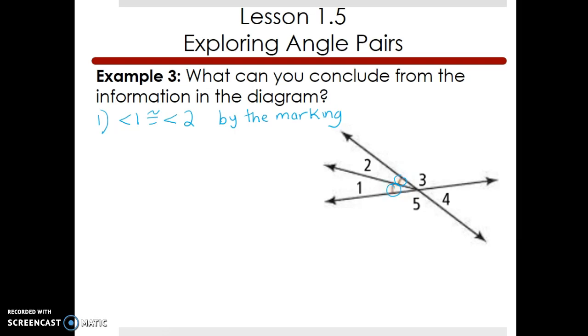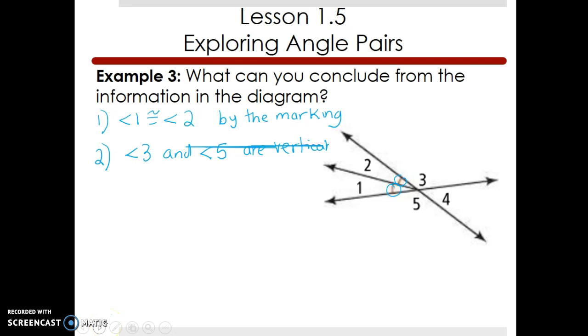So the second one is, well, angle 3 and angle 5 are vertical angles. Again, that is something that does not need marking, right? Alright, let me just erase this.